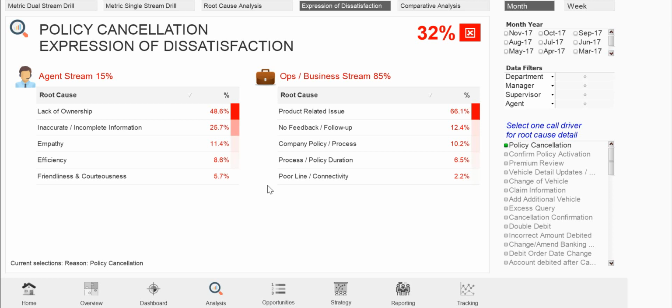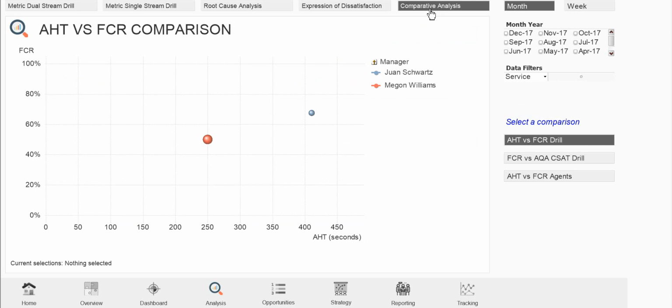Comparative views have also been included in the dashboard. These comparative views are based on the actual insights captured via AQA. In this instance, the three comparative views included are those for AHT and FCR, FCR and AQA CSAT, and then AHT and FCR at the agent level.